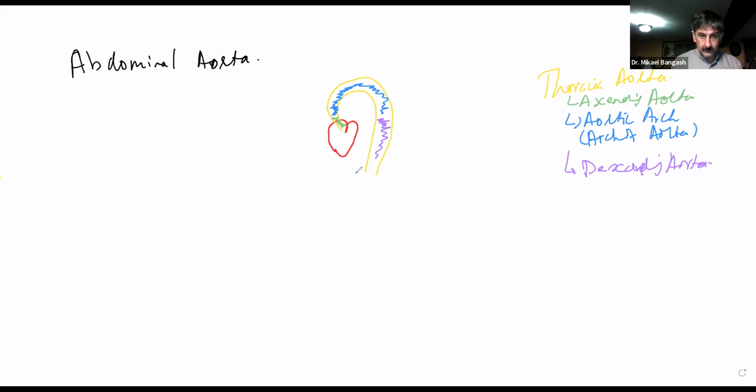We then can say that around level T11, or some books even say T12, is where your aorta passes through what we call the aortic foramen, and continues into the abdomen.